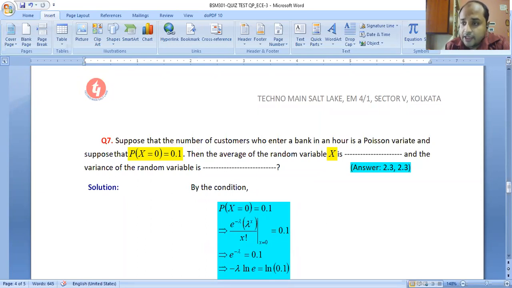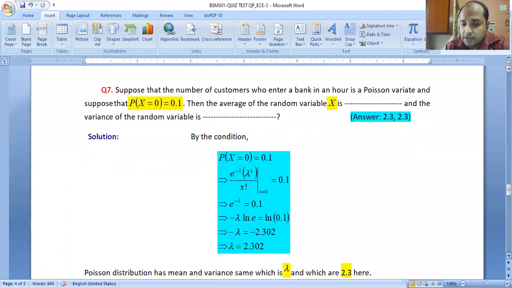And we take the natural logarithm on both sides. We get minus lambda multiplied by ln of e, and ln of 0.1. And ln of 0.1 is minus 2.302. Both sides having minus sign will cancel each other and we'll get lambda is 2.302.